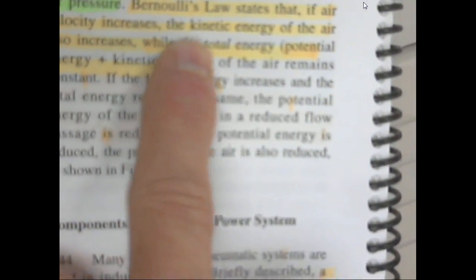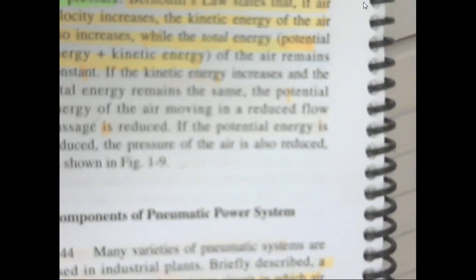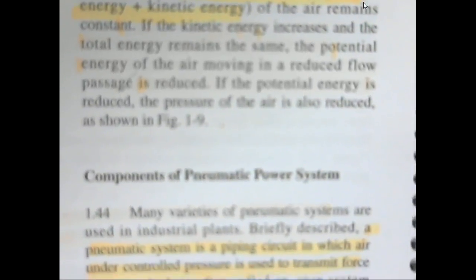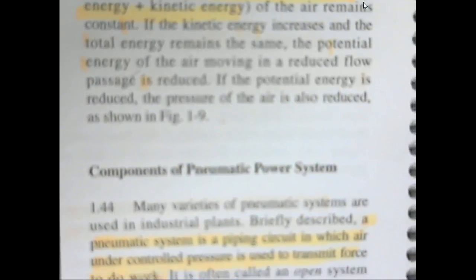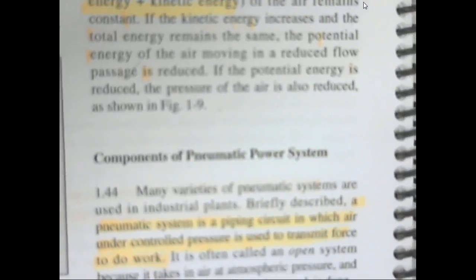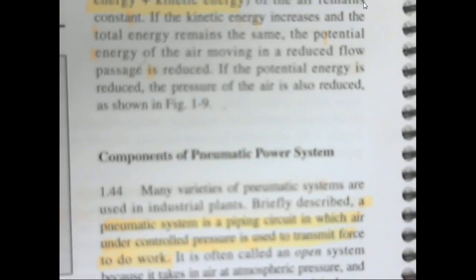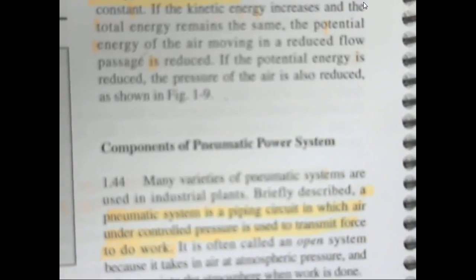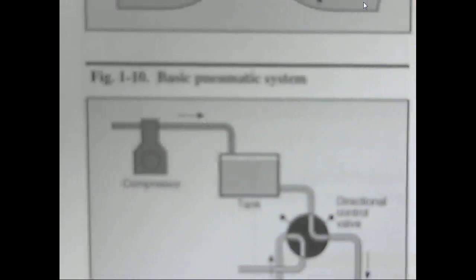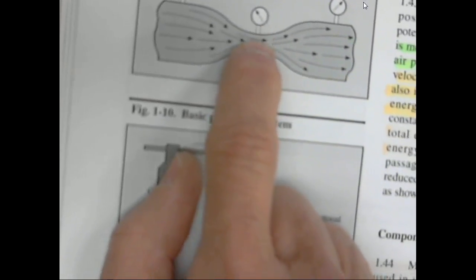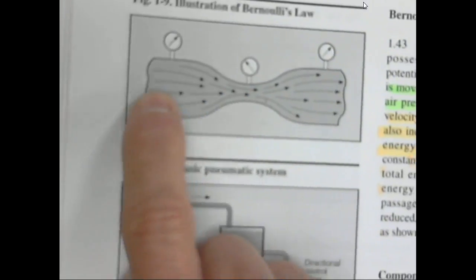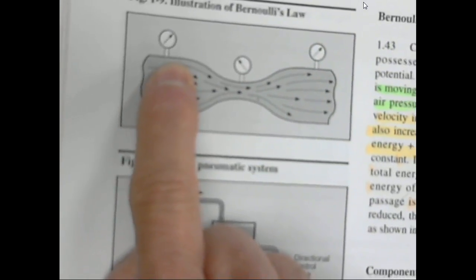Bernoulli's law says that the velocity increases, so the kinetic energy of the air also increases. If the kinetic energy increases, the total energy remains the same, and the potential energy of the air flowing is reduced. So what they're saying is that the pressure on the sides here is less than the pressure on the sides here.